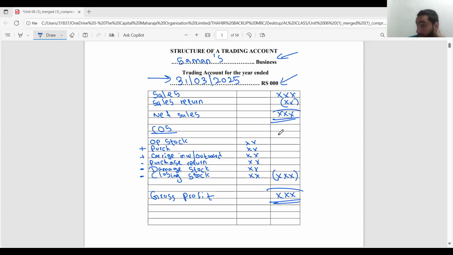This is what I want to know. We learned so many concepts. We learned the business entity concept, the realization concept, the money measurement concept, the periodic concept. We learned so many concepts last week. So out of those concepts, to which concept do these three belong? Number one, someone's business. Number two, this is the year, the date. Number three, the rupees.